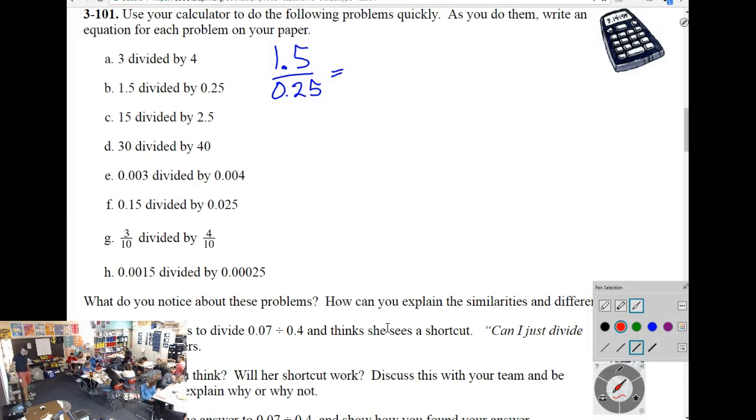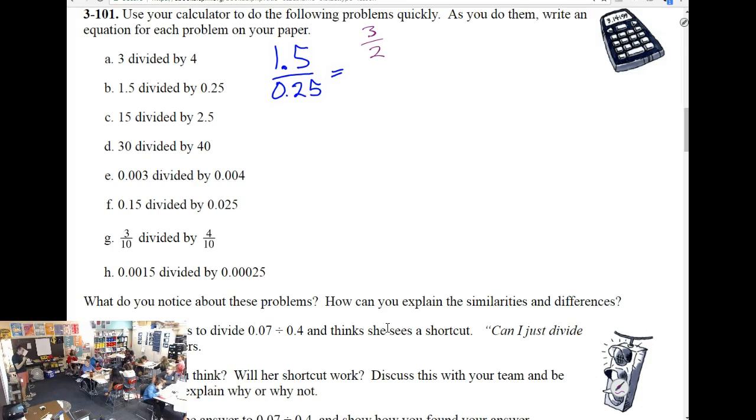Yep. What is 1/2? Or sorry, not 1/2. 1 and a half as a fraction. Anyone? 3 over 2, right? Not mixed number, just a fraction. 0.25, 1/4. What do I need to multiply by to get my denominator to not be a fraction?